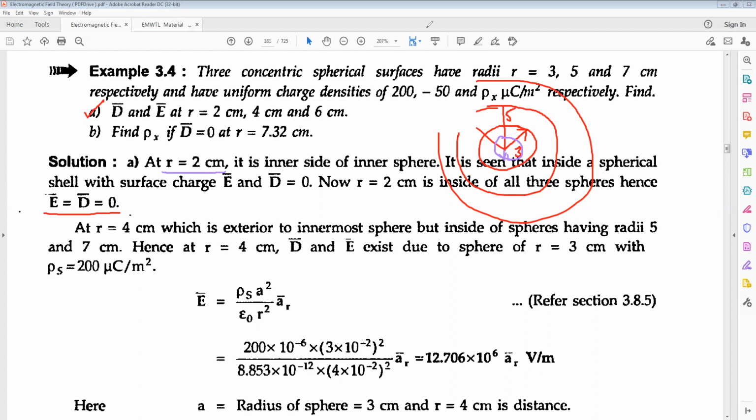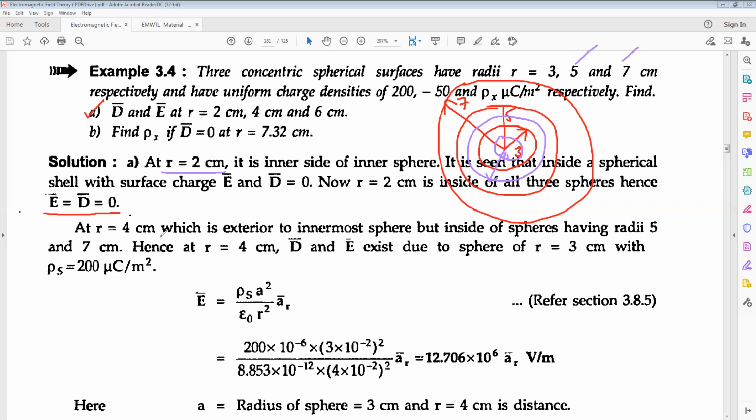Now R is equal to 4 centimeters means 4 centimeters is above the radius of 3. It is inside of 5 and 7 and outside of the sphere of radius 3.